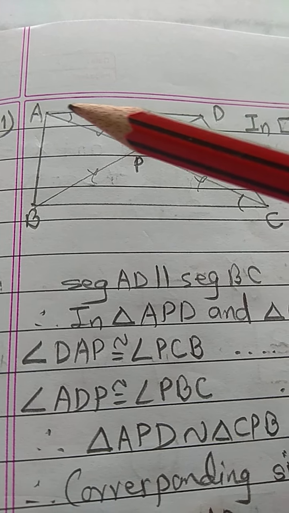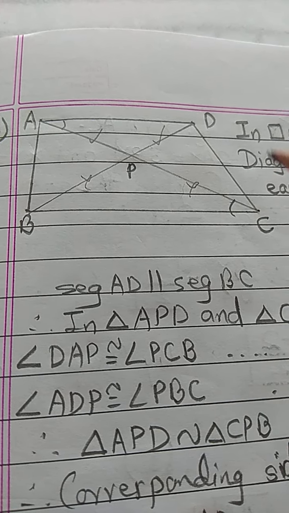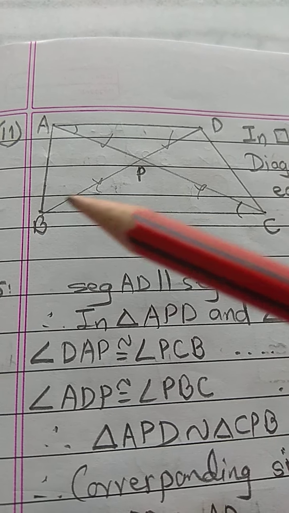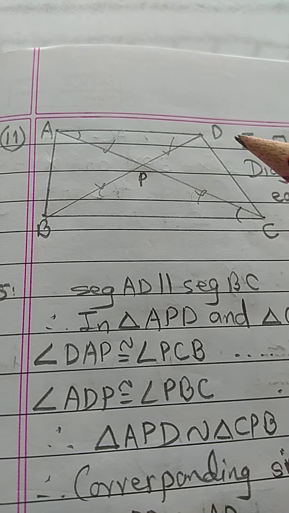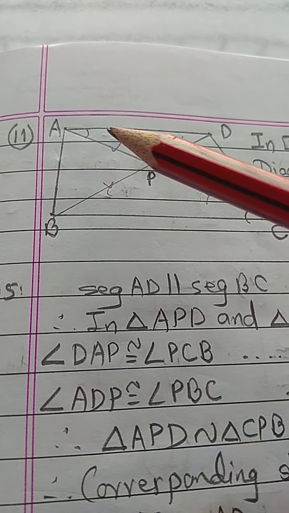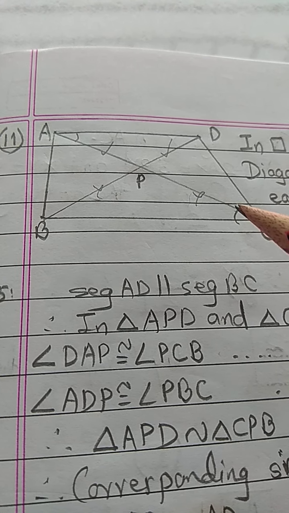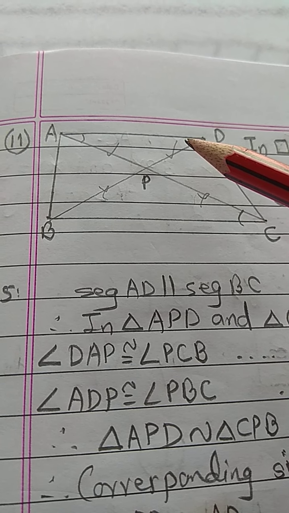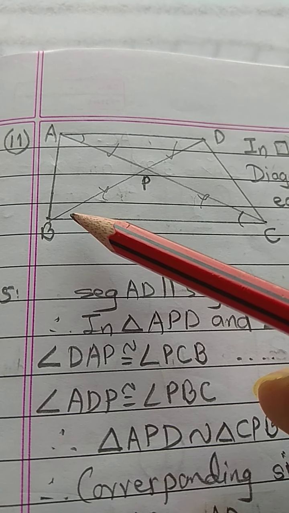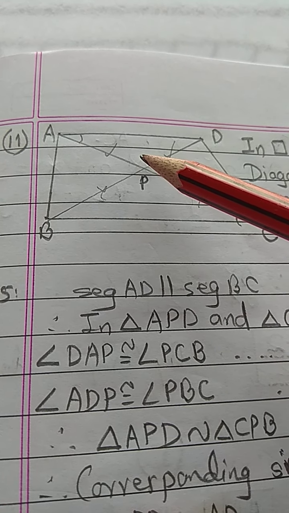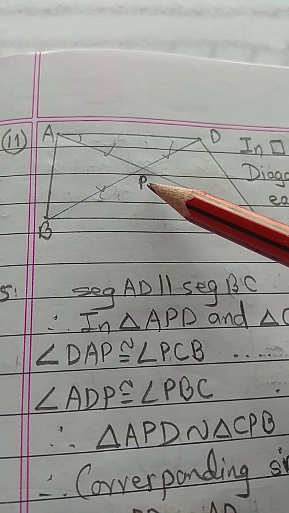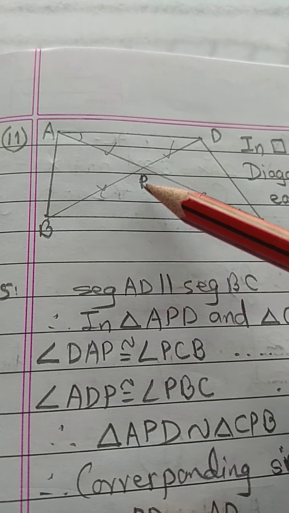Let us see, in triangle APD and triangle CPB, as these two lines are parallel, therefore this angle A is going to be congruent with angle C, and this angle D is going to be congruent with this angle B, and this opposite angles are congruent, therefore P is one-to-one correspondence with P only.